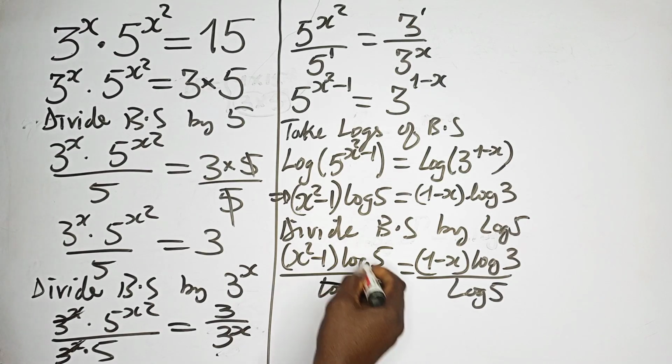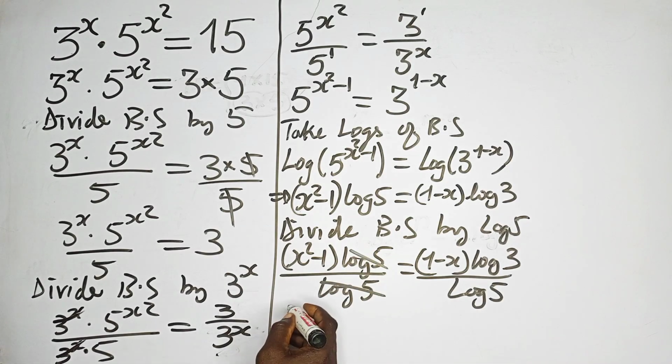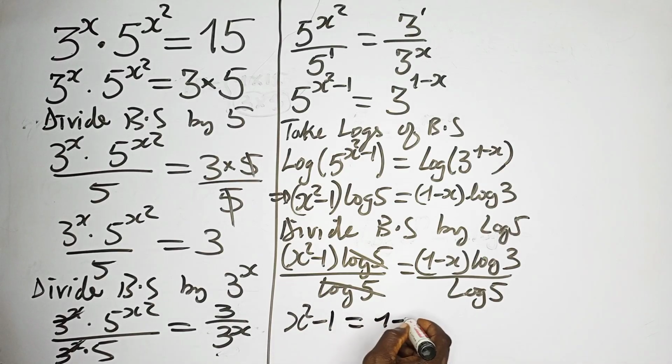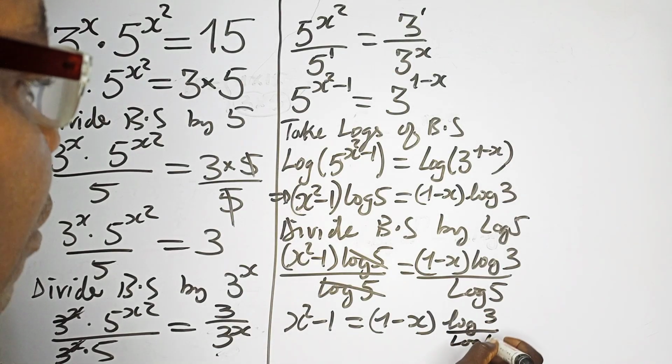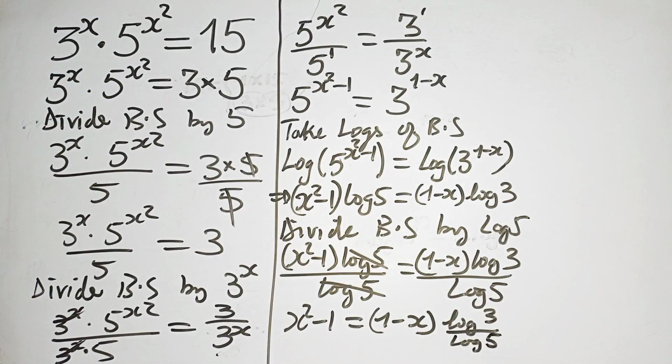We see log 5 cancels off there. And so we are left with x squared minus 1 is equal to 1 minus x times log 3 all over log 5. Okay, this is where we've gotten to.